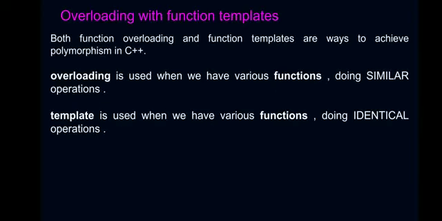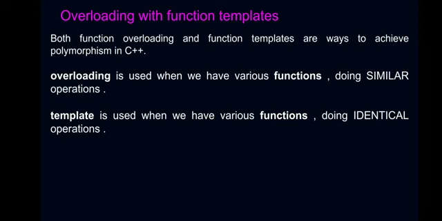Now we'll see function overloading and function templates. What is the main difference between function overloading and function templates? Already in C++ we have seen a concept called function overloading. The purpose of function overloading is to create functions with the same name but with different signatures.